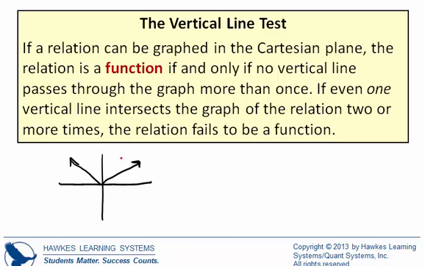So let's try this. If I draw a vertical line here, it only crosses the graph in one place. If I draw a vertical line here, it only crosses the graph in one place. Here too, it only crosses in one place. This is a function. As long as my vertical line only crosses the graph in one place, then it is a function.